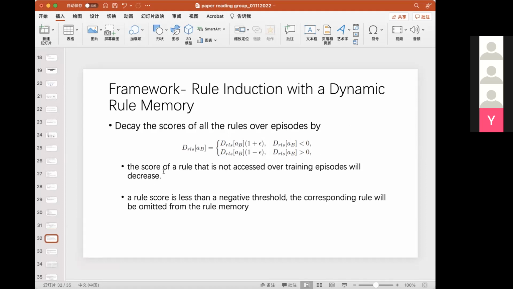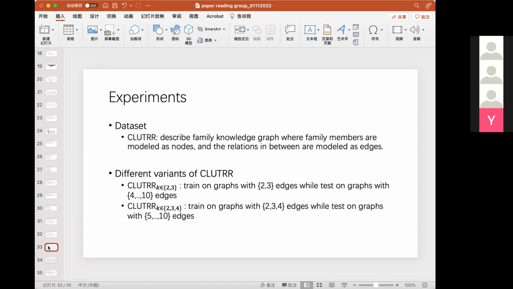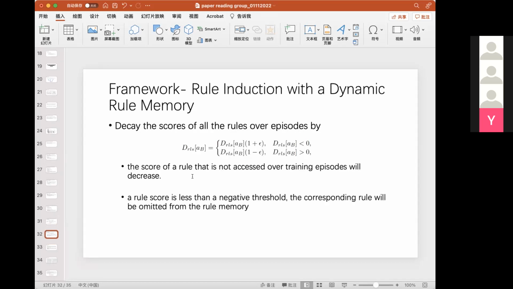The reason is that if a rule is not accessed over the training episodes, then we will try to decrease its importance. During the training, if a rule score is less than a negative threshold, then we will eliminate this rule from the rule memory. That is the design of the dynamic rule memory model.